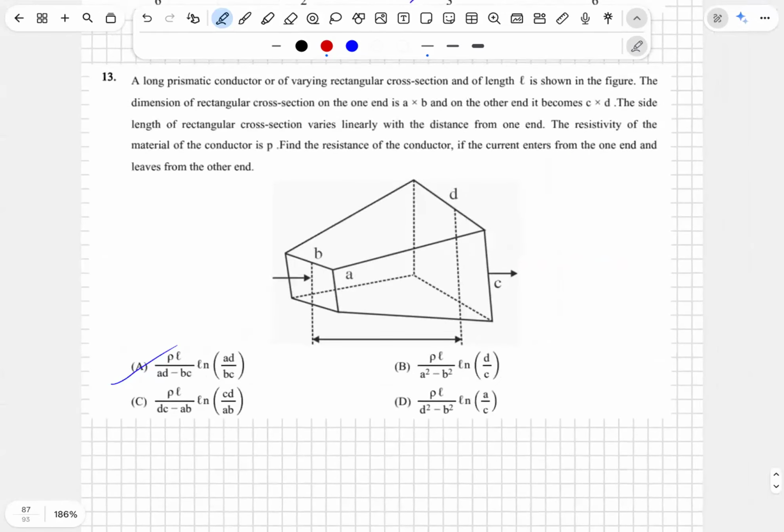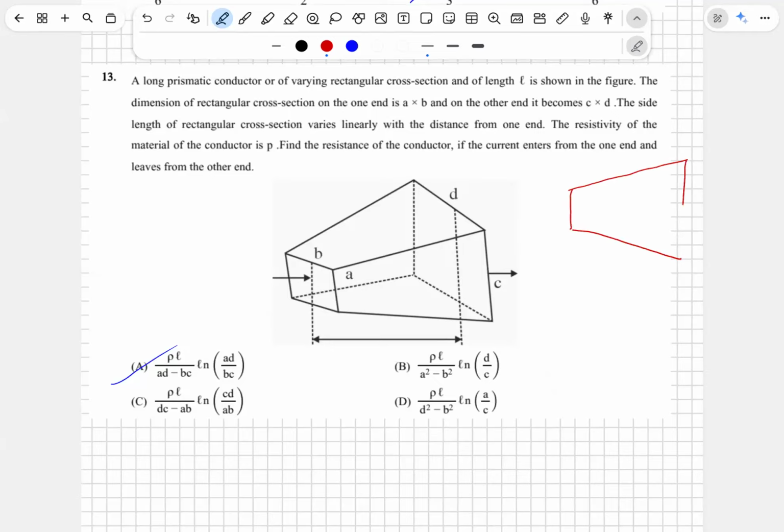A long prismatic conductor of varying rectangular cross section, length L. Like how the way we have done cylinder, we will do in the same way. Only difference is, are they rectangular faces? Yes, they are rectangular faces. Okay, now let me see if I am seeing it from side view.